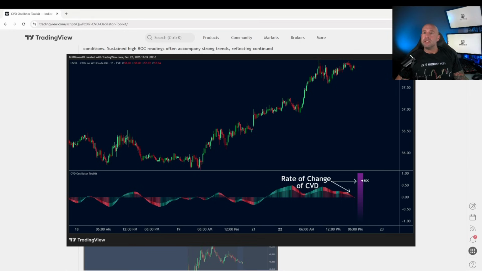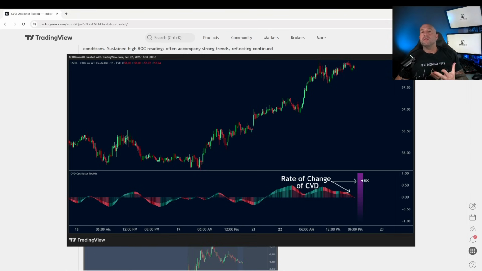This distinction is important because directional pressure and momentum strength do not always change at the same time. Trends can lose momentum without immediately reversing direction, and volume shifts often begin with changes in acceleration rather than visible price structure breaks. So the ROC meter is designed to surface those changes in volume momentum without replacing the oscillator's directional context.